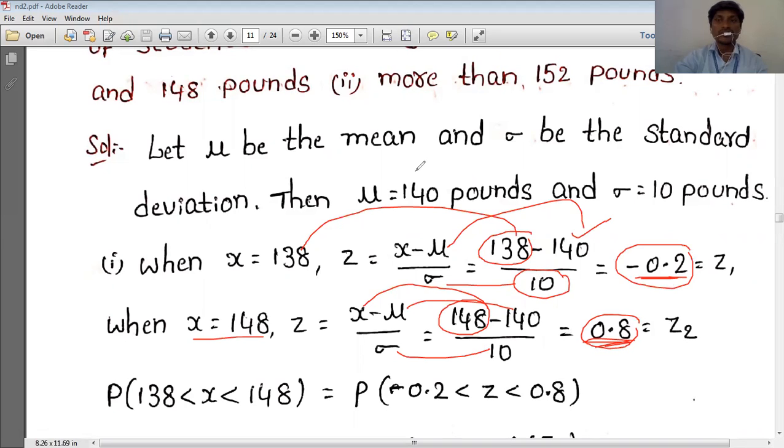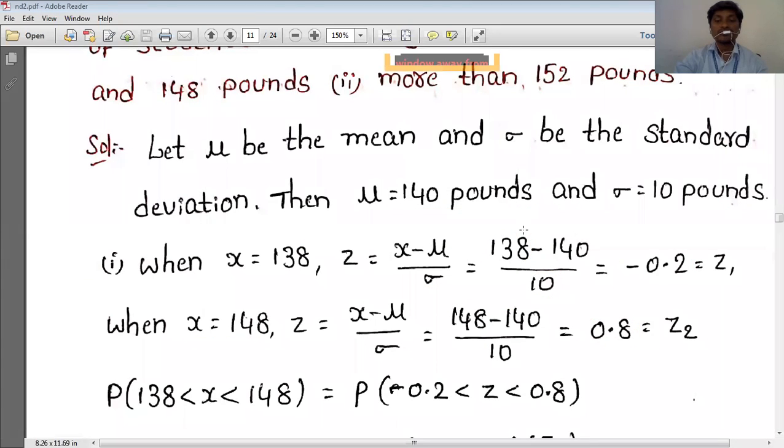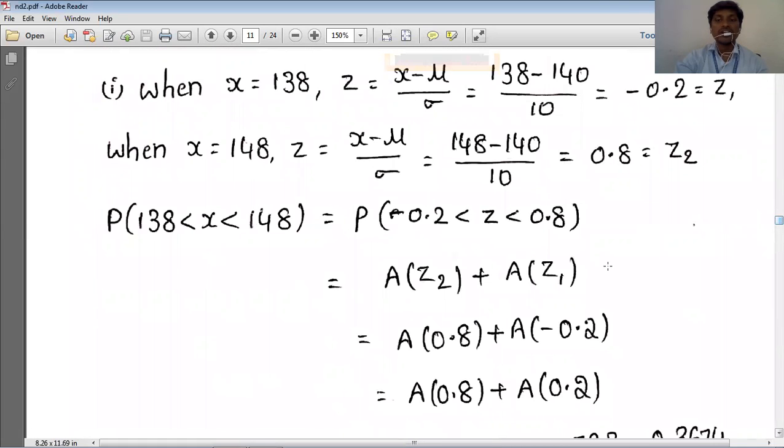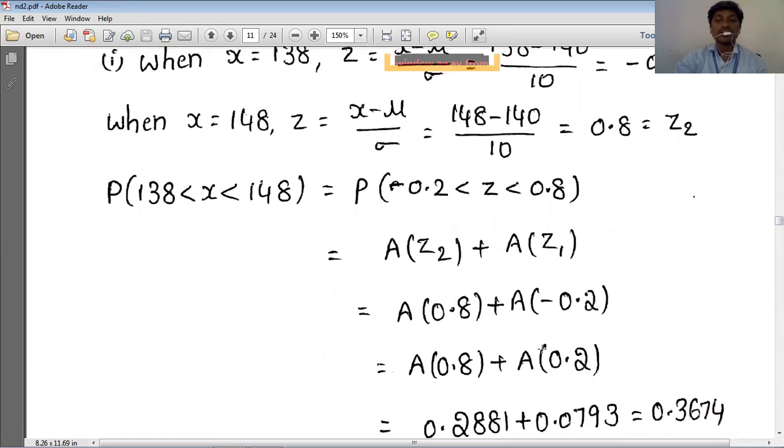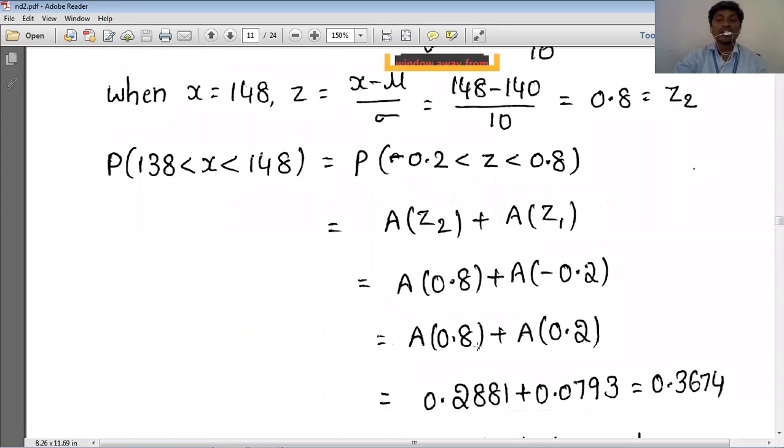Then we substitute here: P of minus 0.2 less than z less than 0.8, which is the area of z2 plus the area of z1. So the area of 0.2 plus the area of 0.8; due to symmetry, we simply write the area of 0.2.